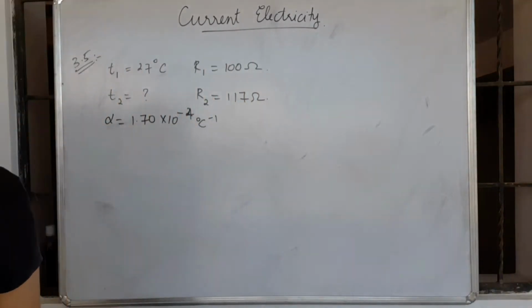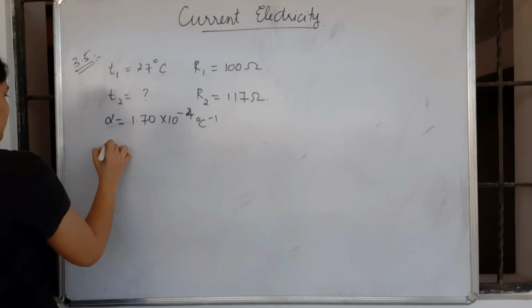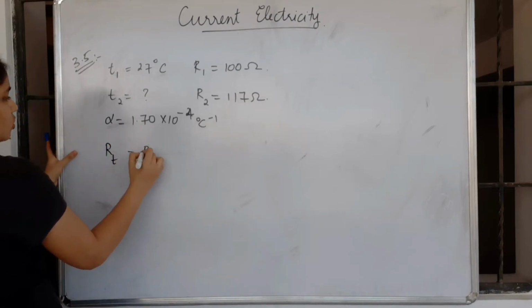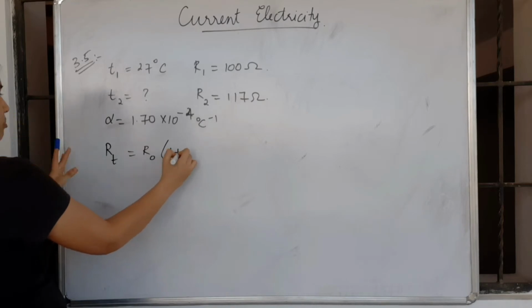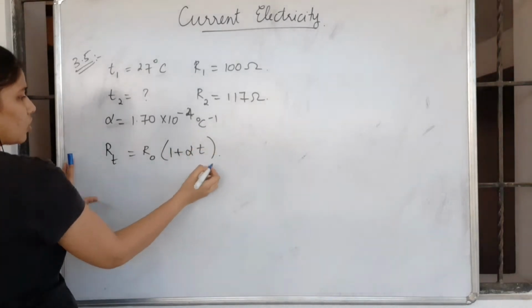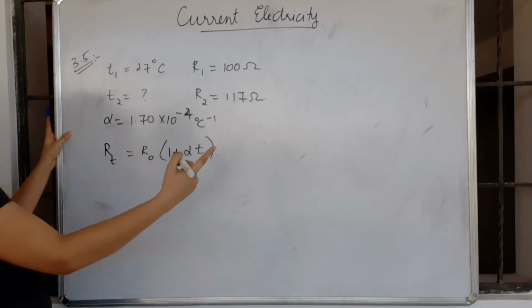Okay, now we know the formula. Resistance at a temperature is equal to R naught into 1 plus alpha into T. Here T represents rise in temperature.